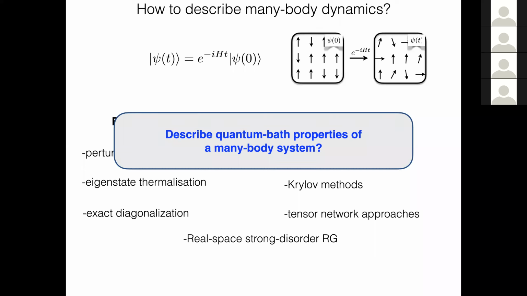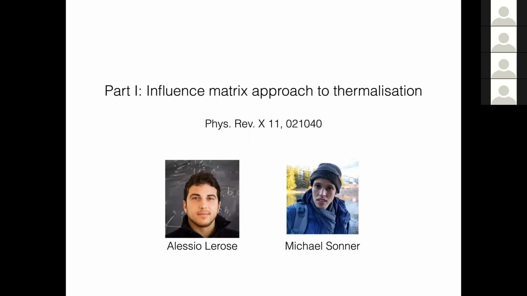And so what I want to do today is take it a little bit more literally, and really try to describe a many-body system as a quantum bath. To that end, we would go back to classic ideas about simple quantum systems coupled to a bath by Feynman and Vernon.